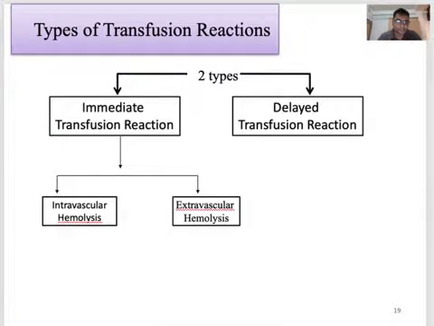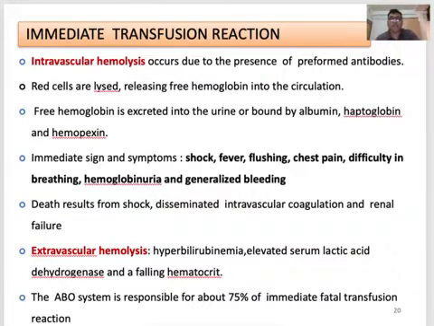In immediate transfusion reactions, the lysis of the blood cells can occur intravascularly, that is within the blood vessels, arteries or veins, or extravascularly, in the liver or the spleen. If the lysis occurs as intravascular hemolysis, it occurs due to the presence of preformed antibodies.